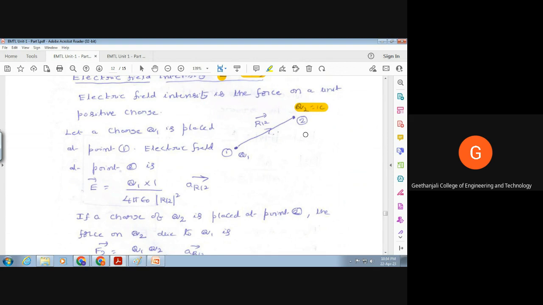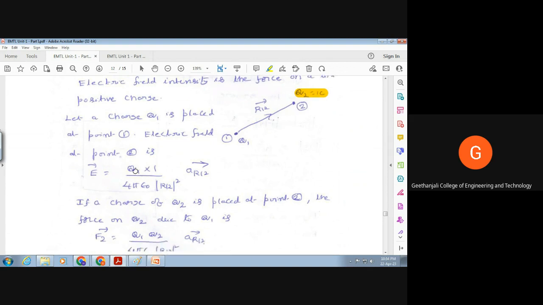Electric field intensity created by Q1 at point 2 is the force experienced by 1 coulomb of positive charge if placed at point 2. So that is Q1 into 1 by 4 pi epsilon naught R12 square AR12.